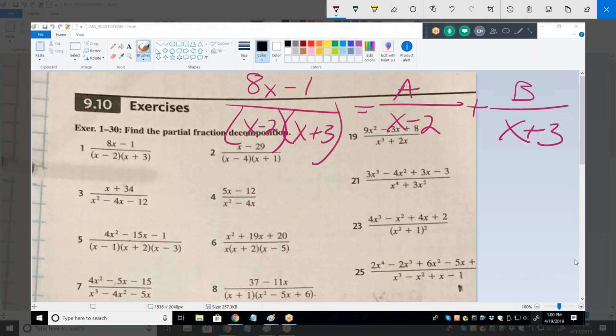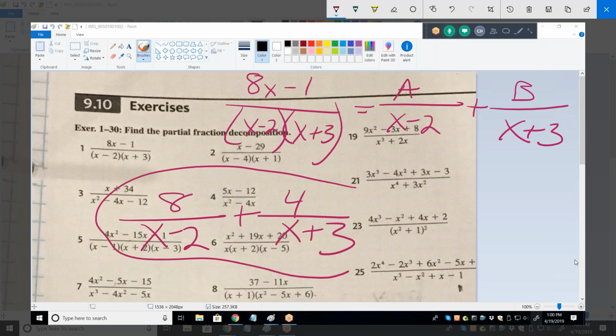Do you understand that? You just separated among the factors on the denominator? Yeah. In other words, if I had, say, 8 over x minus 2 plus 4 over x plus 3, the way we would do that problem would be to find a common denominator, which is x minus 2 times x plus 3.